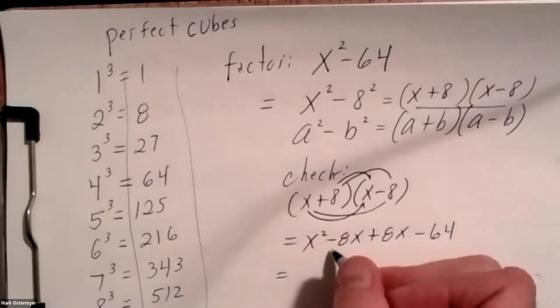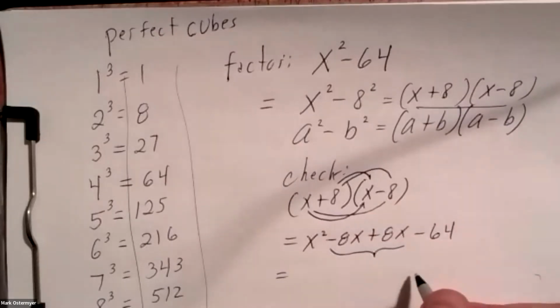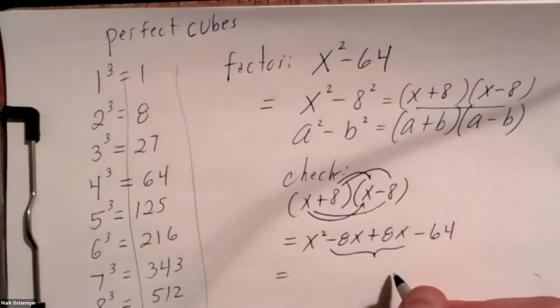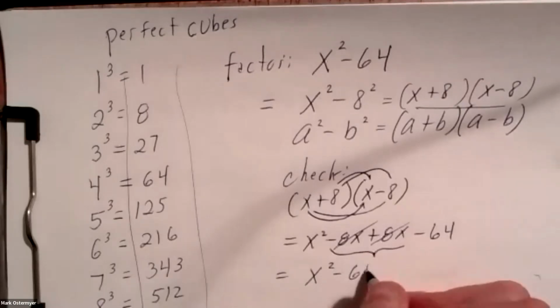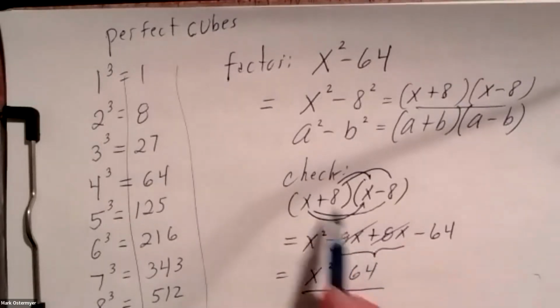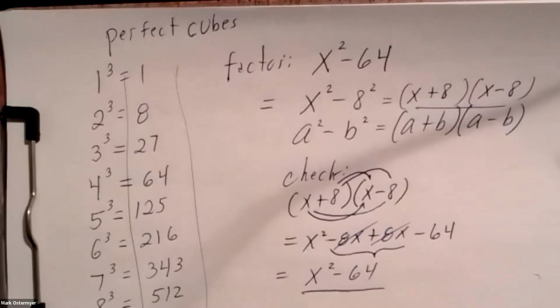What happens to the 8x's though? They cancel out. The 8x's are gone, so we're left with x squared minus 64. So you can see that it works. This must be the correct factorization of x squared minus 64.